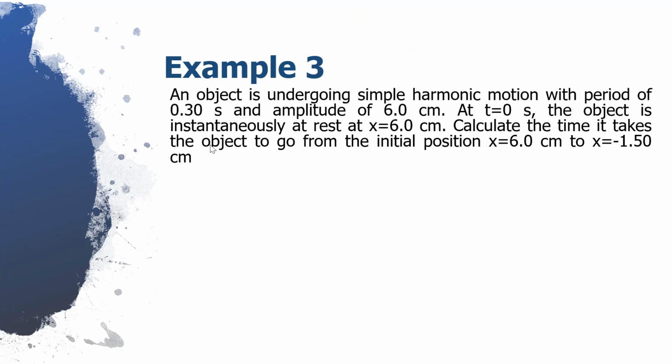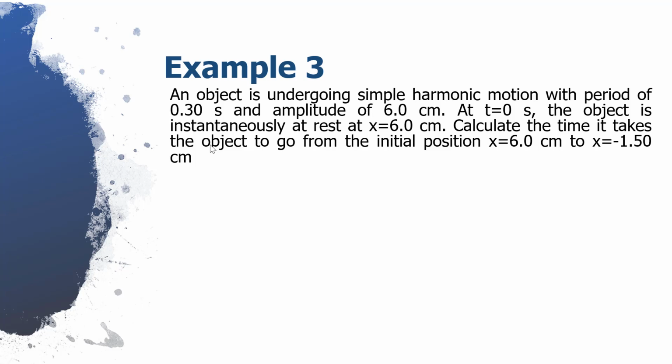Okay, another example. An object is undergoing simple harmonic motion with a period of 0.30 seconds and an amplitude of 6.0 centimeters. At time equals 0, the object is instantaneously at rest at x equals 6.0 centimeters.